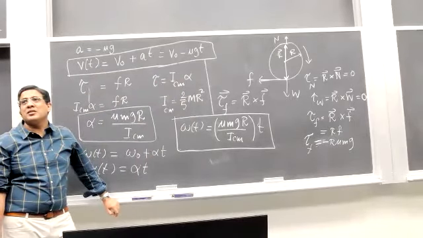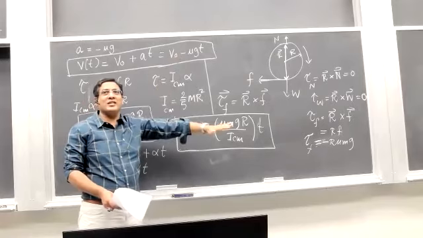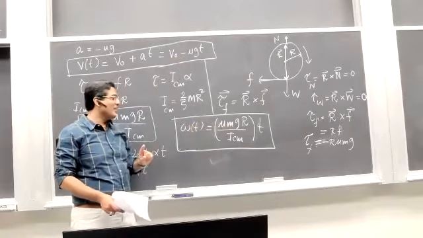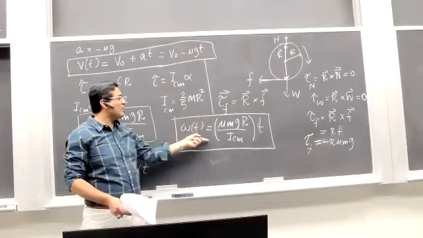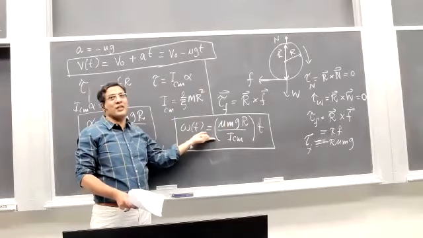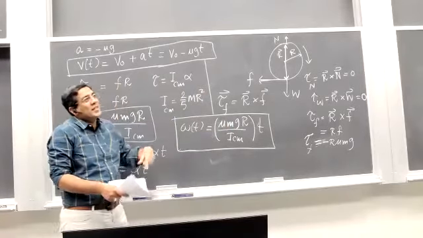But if we include the friction, what happens is that initially, in the very beginning, when time is zero, we only have translational motion. And the object is skidding. But then, thanks to friction, it causes the object to roll as well. And then it plays another role.